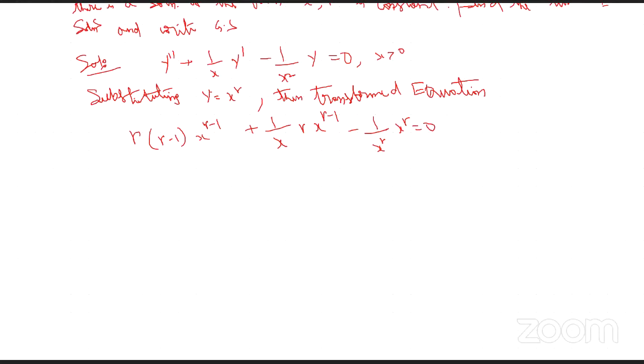That implies r into r minus 1 plus r minus 1 into x power r minus 2 equal to 0.